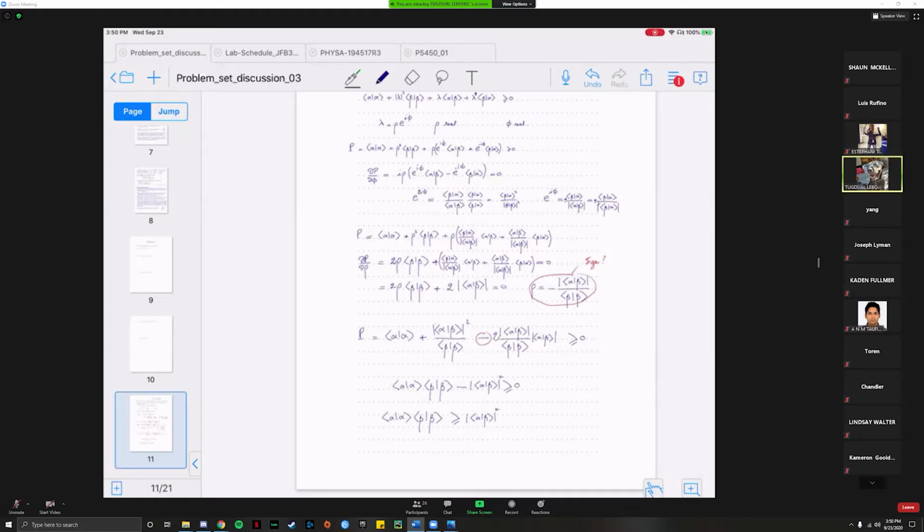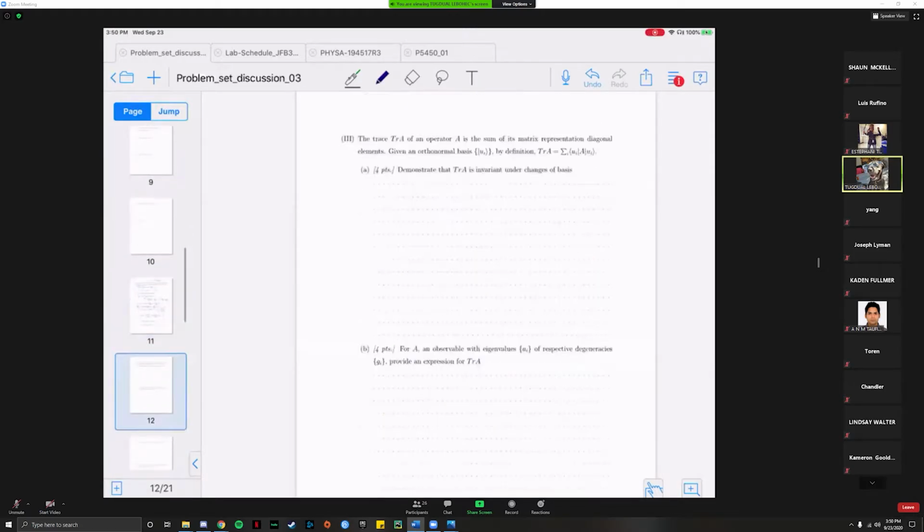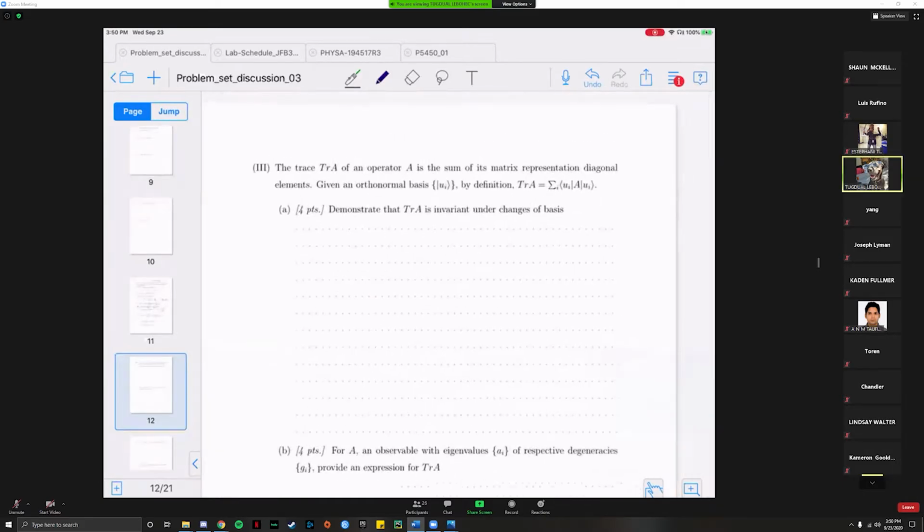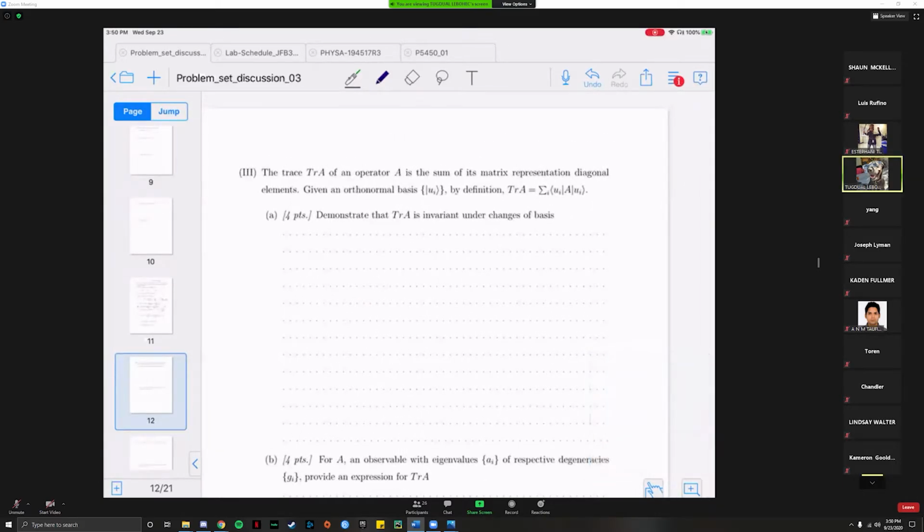I was thinking that maybe another difficulty that you could encounter with this homework is with the traces. Have you done the problems with the traces? Yeah, I've never heard of a trace before, so that'd be nice. But you have the definition here, right? The trace of A is the sum of its matrix representation diagonal elements.